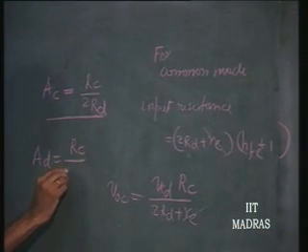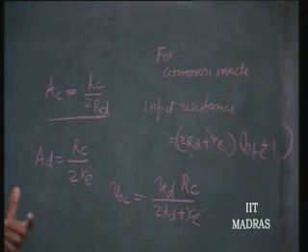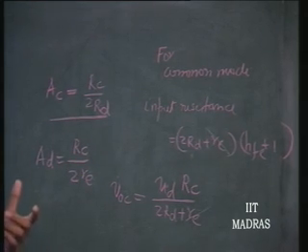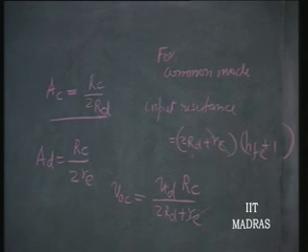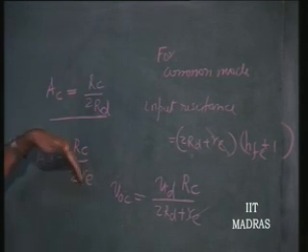RC divided by 2 RE. Is this clear? RC divided by 2 RE is the differential mode gain. So, it will get cancelled.